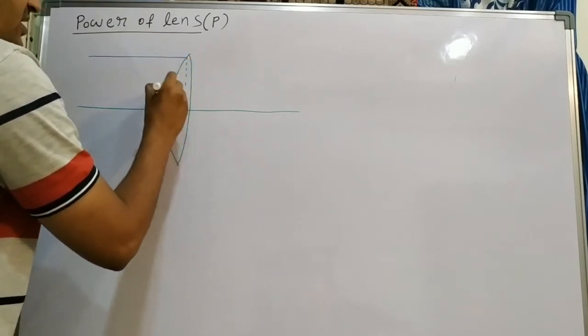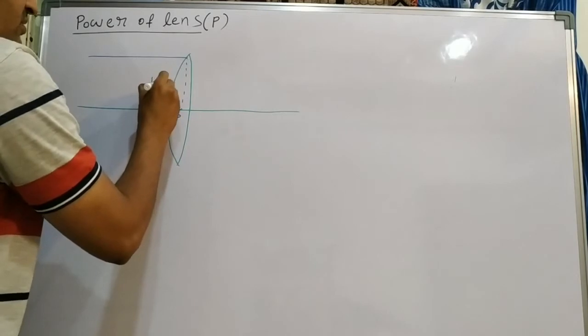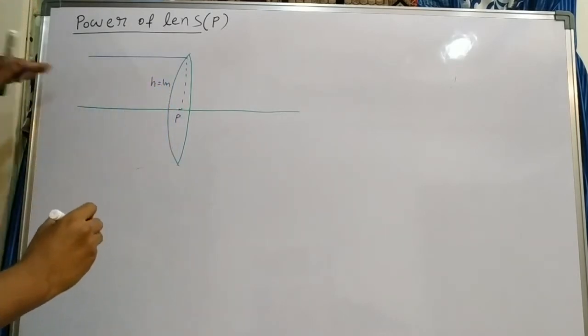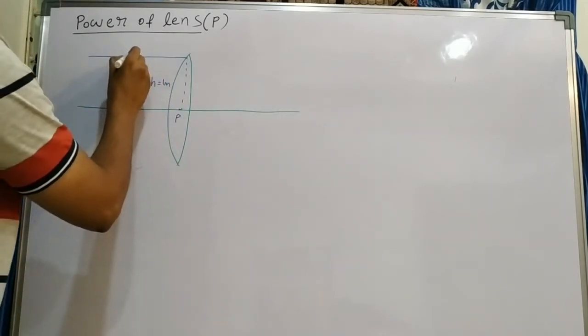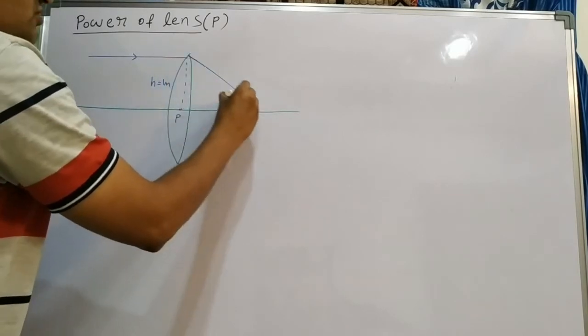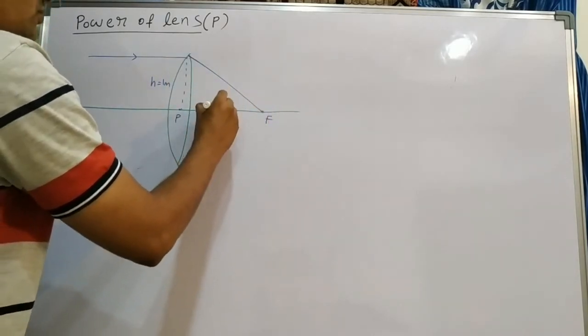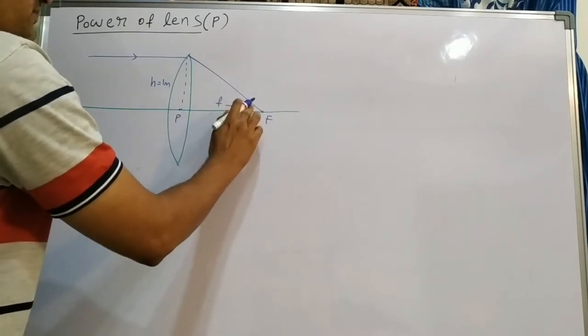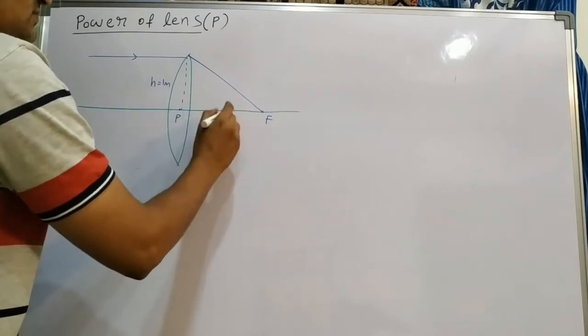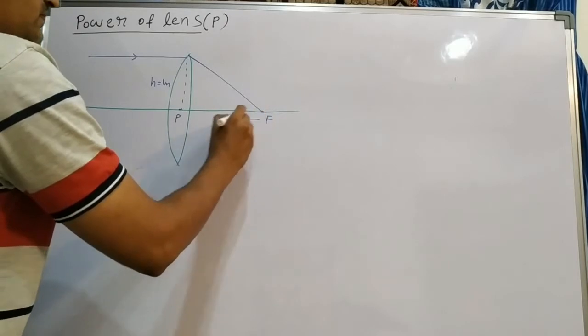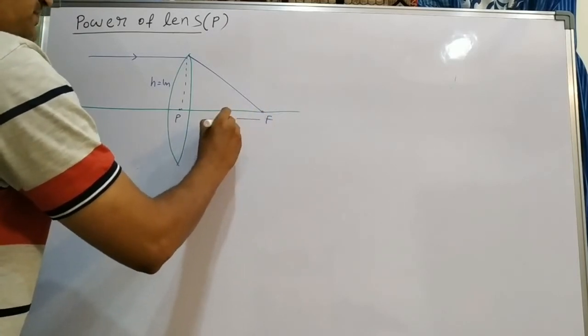This height you can take as h equal to 1 meter. The ray which is going parallel to the principal axis must converge at its focus. The distance between these two is small f.